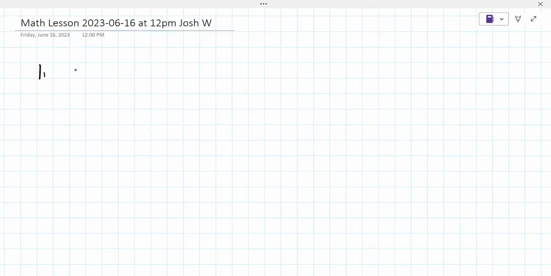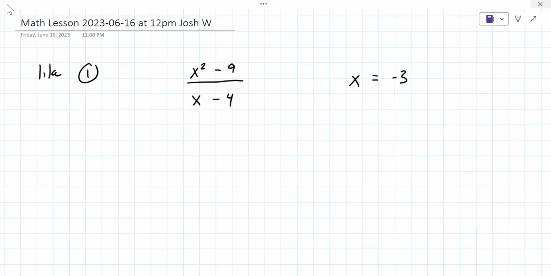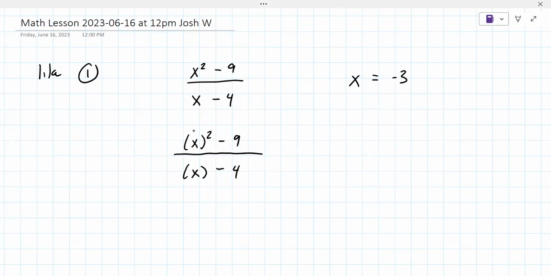So this is number one. We've got x squared minus 9 over x minus 4, and x equals -3. Now, very important, when you substitute in, you have to almost assume the variables are in parentheses.